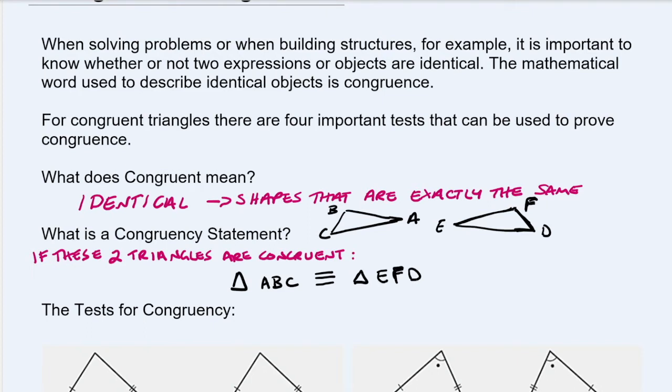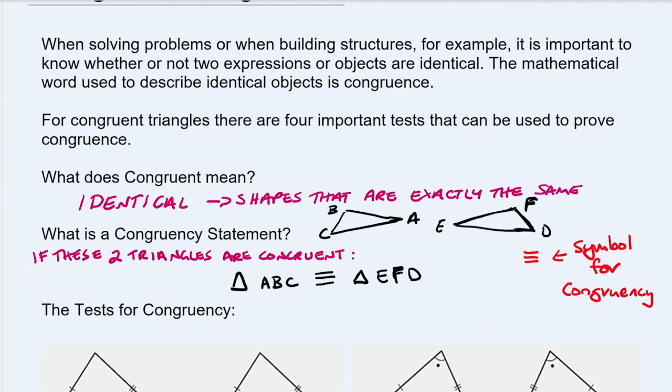Let's make a quick note that this is the symbol for congruency. Just three horizontal lines, the symbol for congruency.